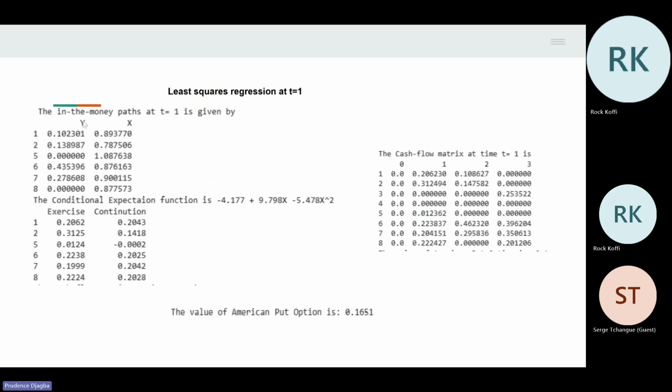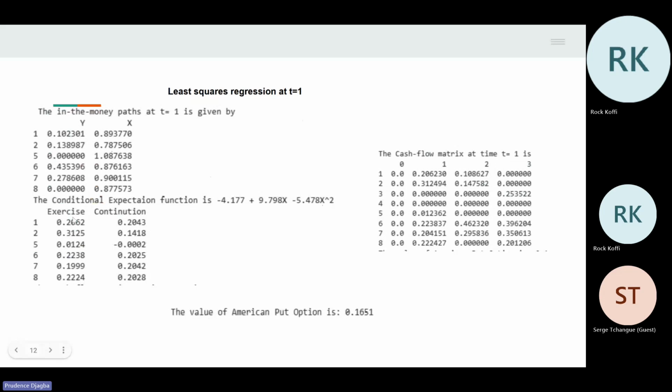So we arrange the y vector and the x vector, and we do the least square regression, which gives us this polynomial of degree 2.